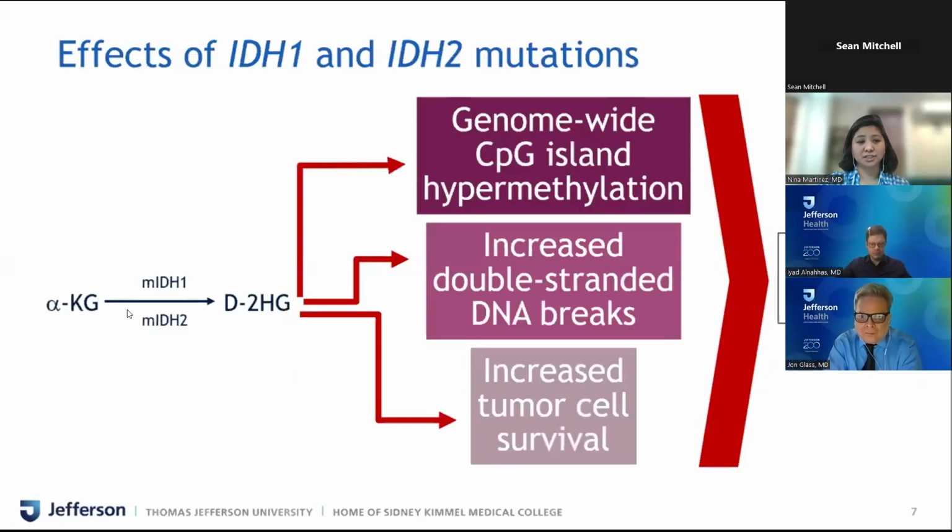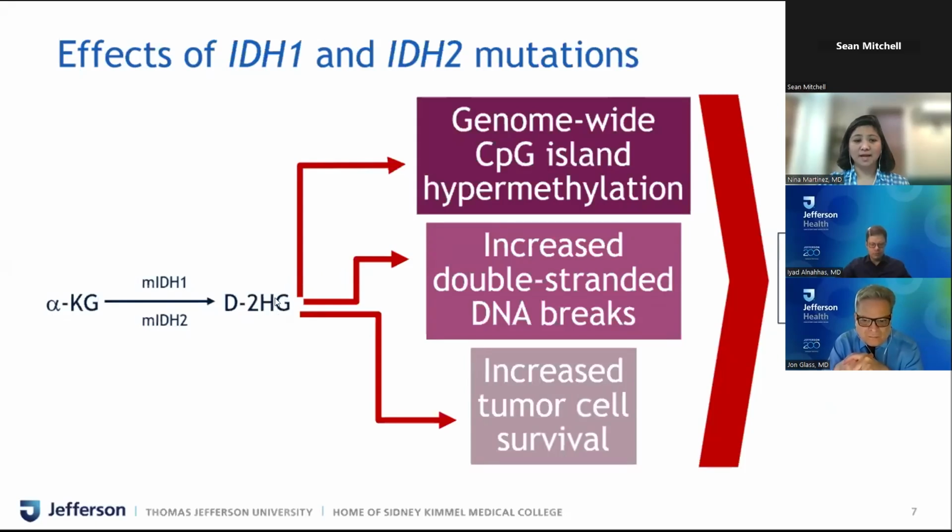And when the IDH genes are altered, the enzymes that are produced are abnormal and go rogue. So here's the alpha-ketoglutarate, and here are the mutant IDH1 and IDH2 enzymes. Instead of doing what they're supposed to do, they end up increasing the amount of D-2-hydroxyglutarate, or D2HG, by taking the alpha-ketoglutarate that's available and metabolizing it further.